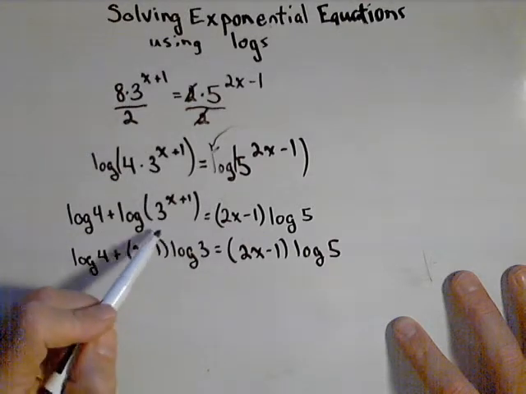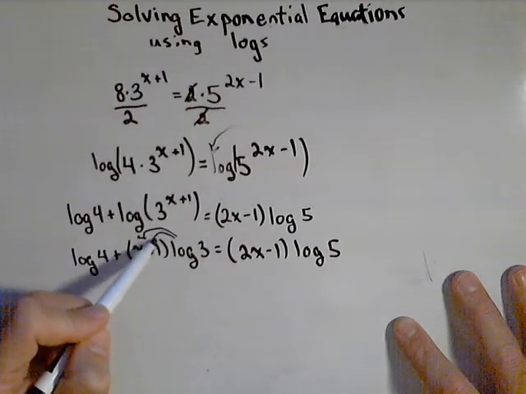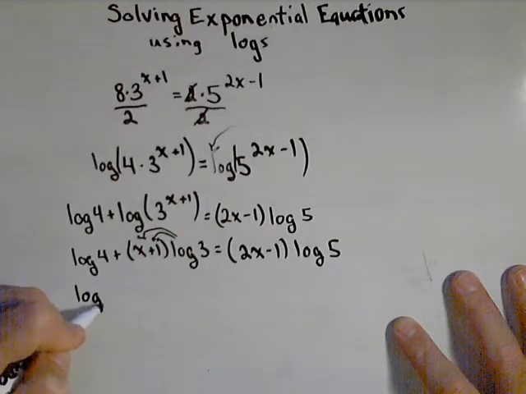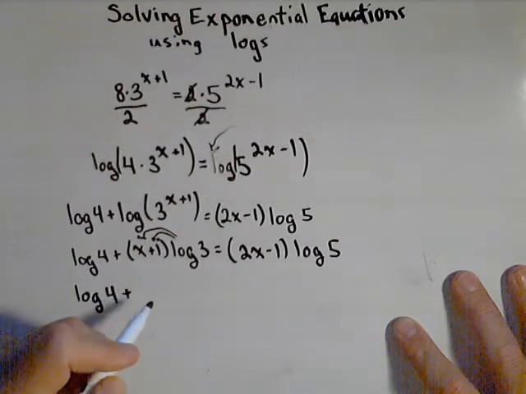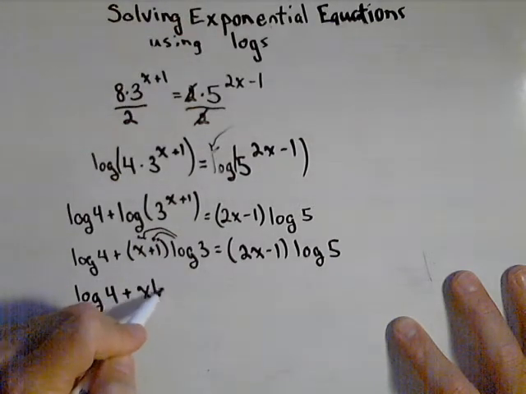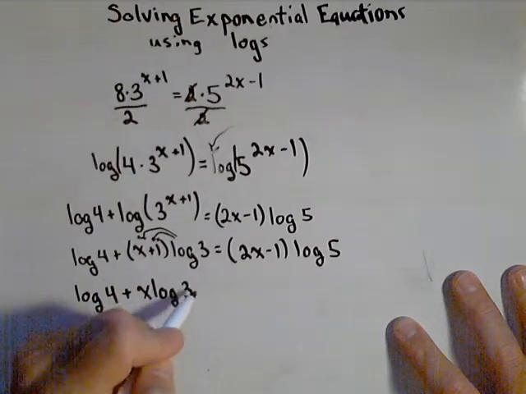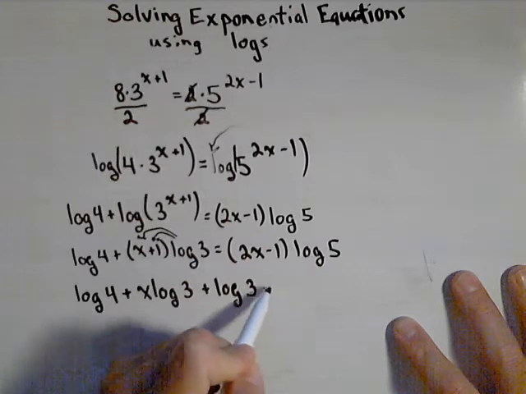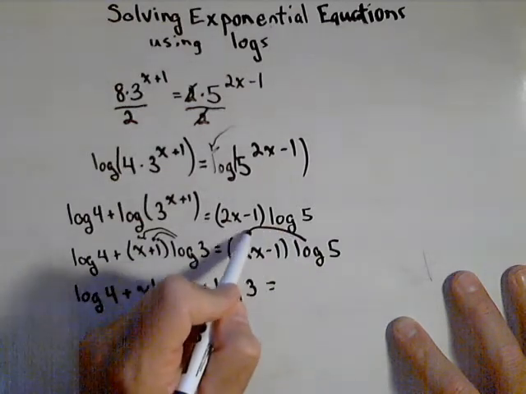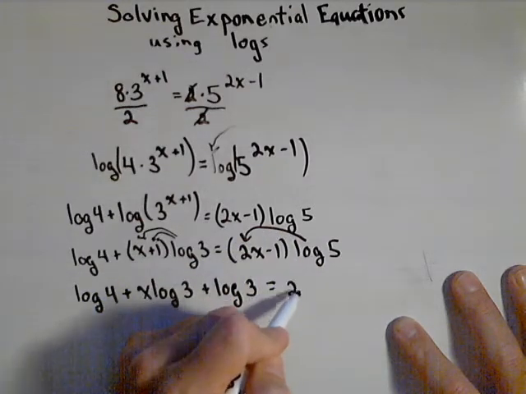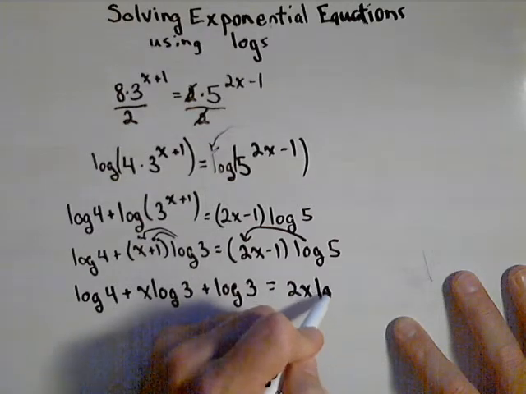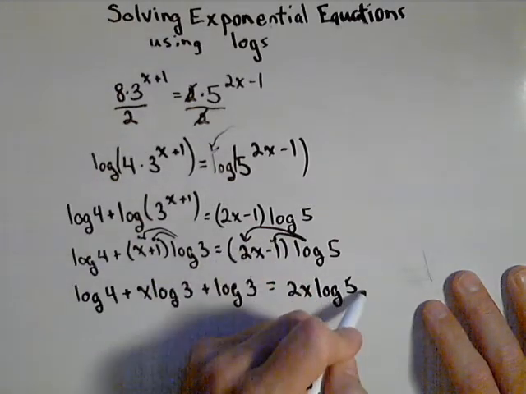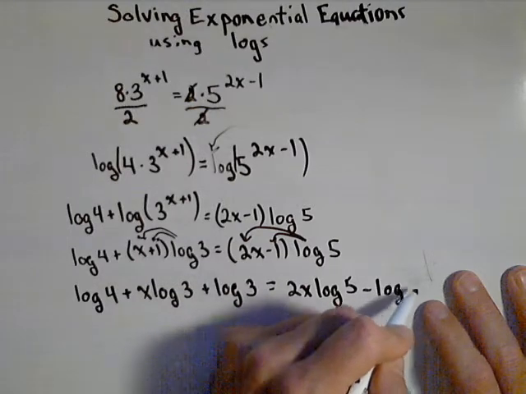Because what I'm going to do next is actually distribute the log pieces over the parentheses. So on the left-hand side I have log of 4 plus x times log of 3 plus log of 3. Now when I distribute the log of 5, I have 2x log of 5 minus log of 5.